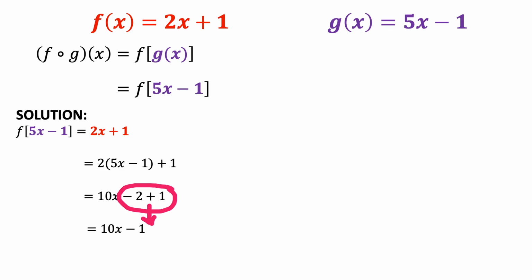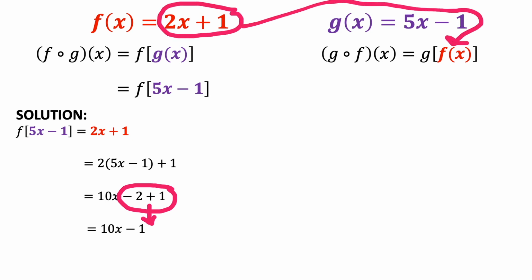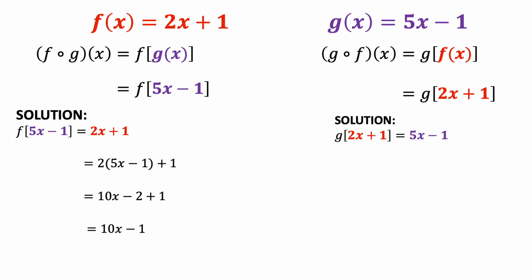We will do the same procedure for the second composite function, which is g circle f of x. g of f of x will give us g of the quantity 2x plus 1, which means we need to substitute this to all x variables in the equation of g of x, which is 5x minus 1. Therefore, we will have 5 multiplied by the quantity 2x plus 1 minus 1.